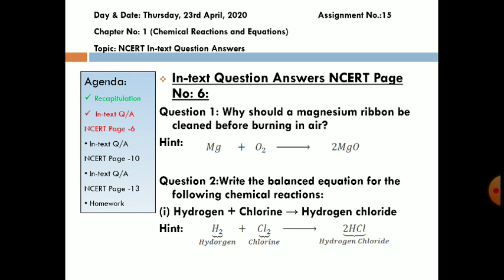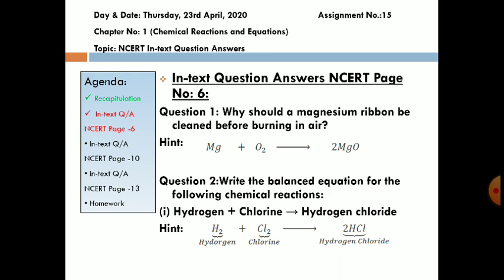When it is exposed to air, it reacts with oxygen present in air to form a layer of magnesium oxide, MgO, on its surface. Here is the reaction. Mg plus O2 gives 2MgO.